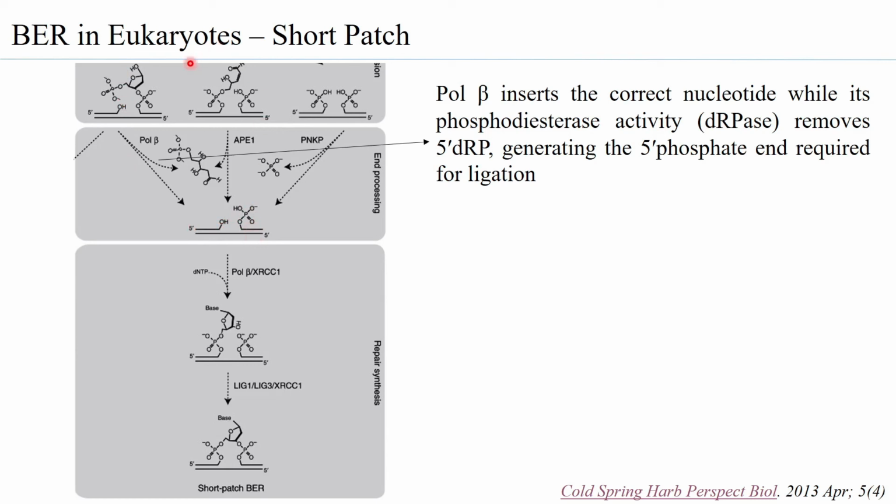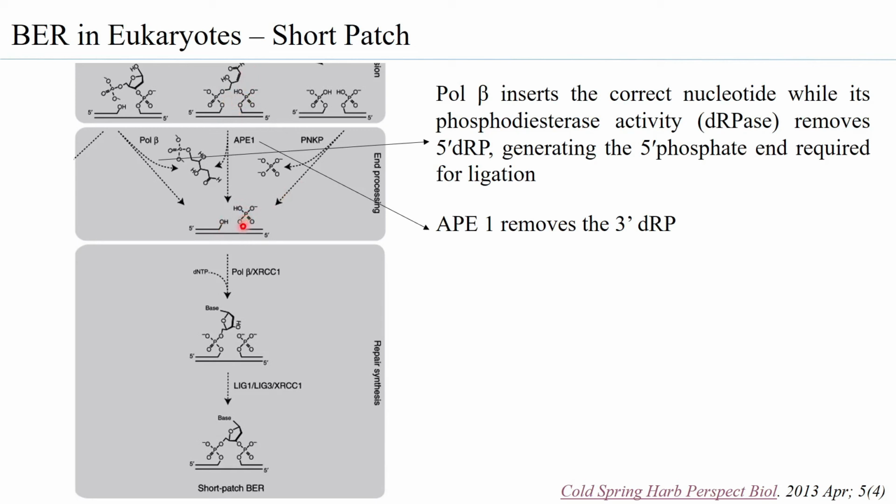Now, in case where the DNA glycosylase was able to carry out beta elimination and leave an equivalent of 3' deoxyribose phosphate present, the APE1 will now come and cleave at this site. Okay, so it will cut at 5' of the abasic site to form again a 3' OH and a 5' phosphate end.